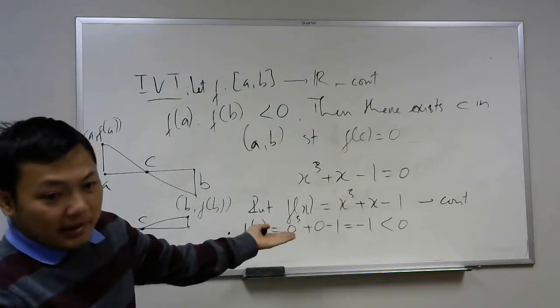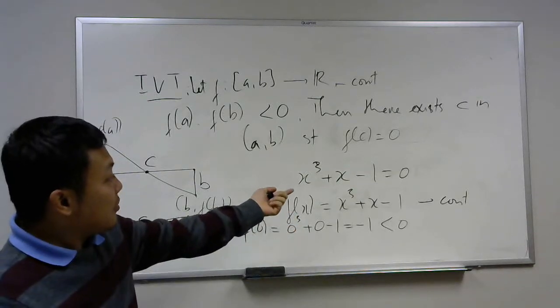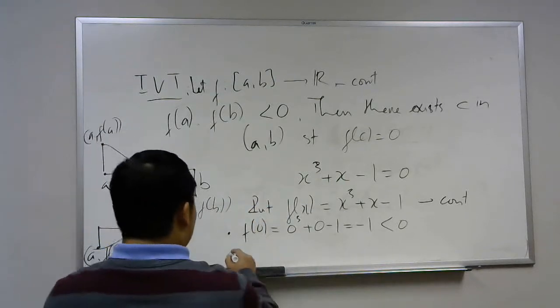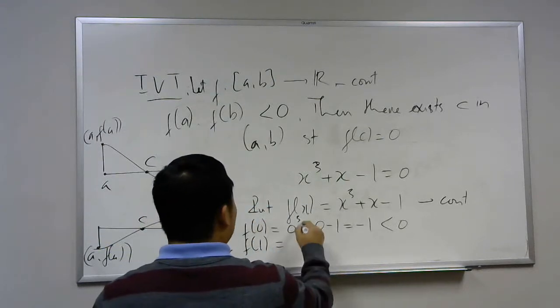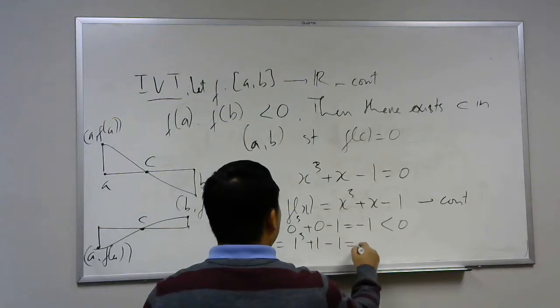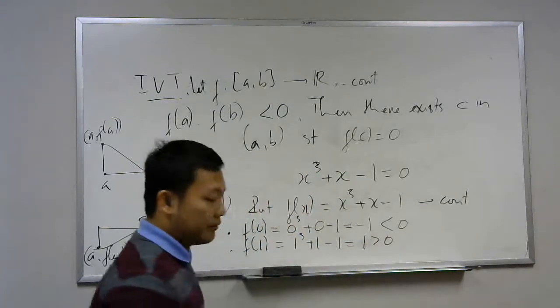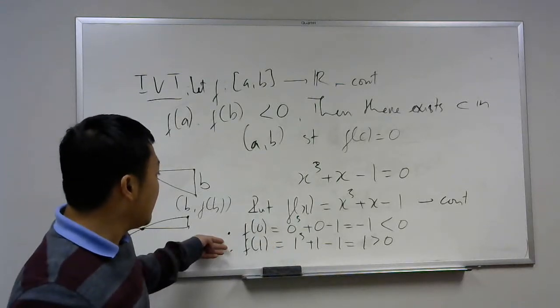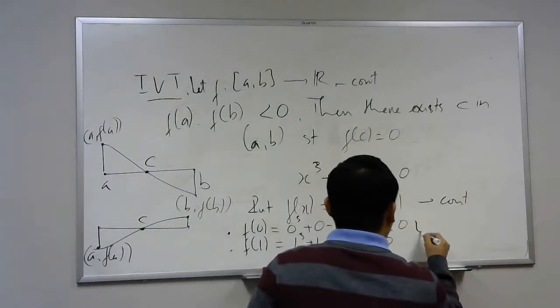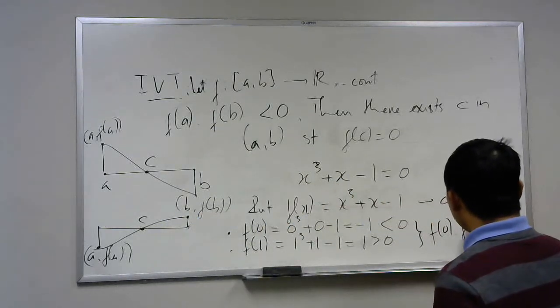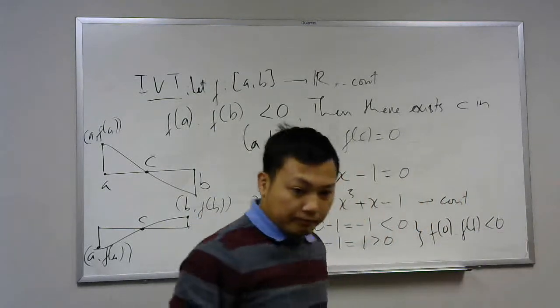Here you just play with numbers. For x cubed plus x minus 1, you can pick x equal to 1, right? So f(1) equals 1 cubed plus 1 minus 1, which is 1, bigger than 0. And then from these two, f(0) times f(1) is less than 0.